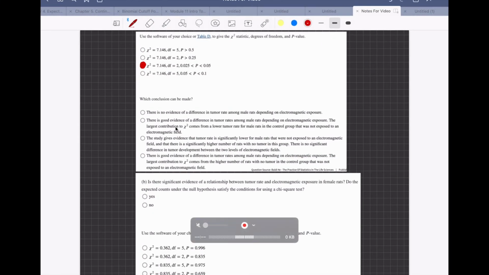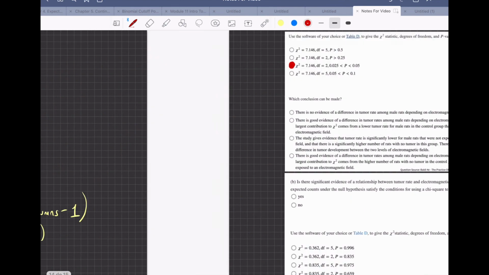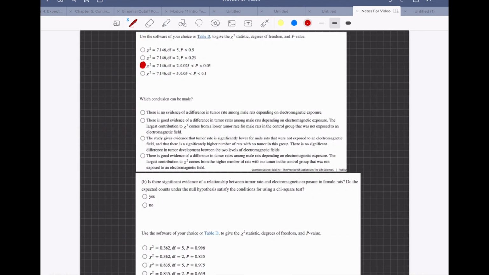So what is the conclusion? Again, we don't have the null hypothesis here, but anyway.